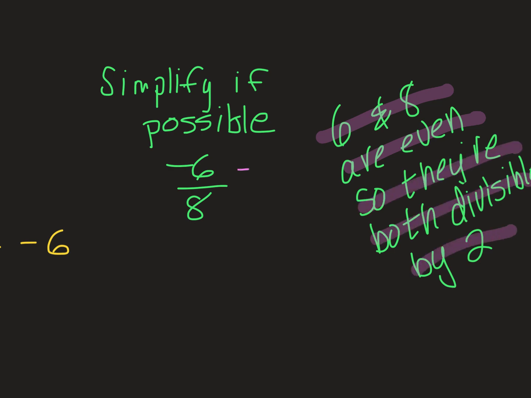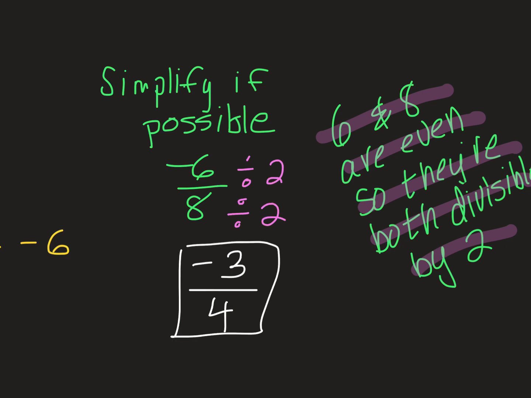That means this fraction can be simplified. -6 divided by 2 gives us -3, and 8 divided by 2 is 4. So the final simplified fraction is -3/4.